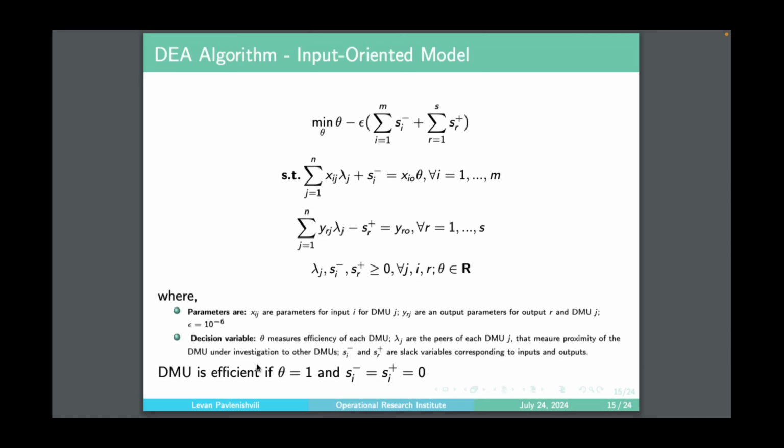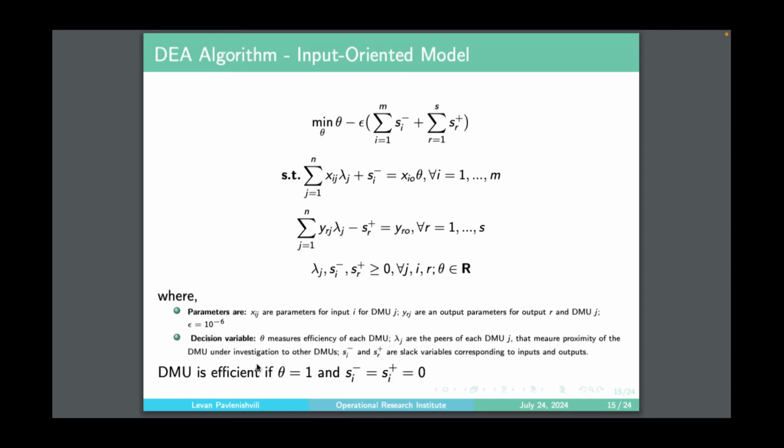What I'm doing here in the objective is that I'm trying to minimize it. Since this one is with minus, I'm trying to maximize the slacks for each and every unit, meaning that in order to minimize it, the theta should be as small as possible, and the slack should be as large as possible.